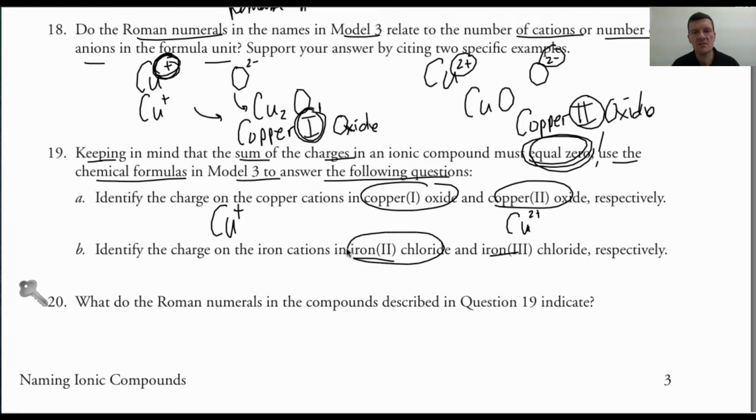Well, this one here, it must be using iron 2+ ion. This is using iron 3+ ion. Okay? Roman numerals are telling us what? The charge on the metal ion. Okay?